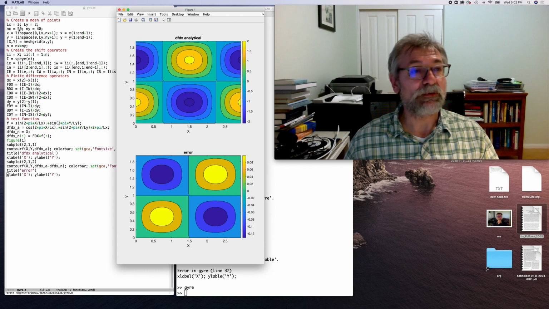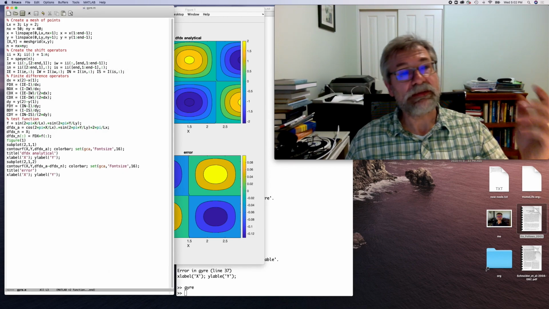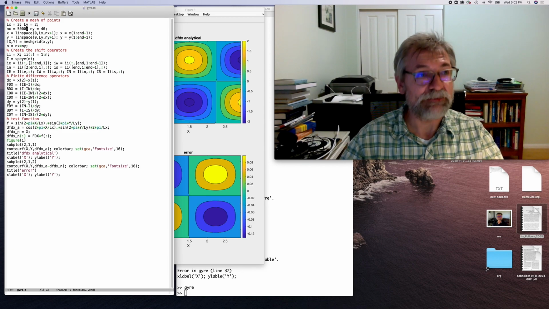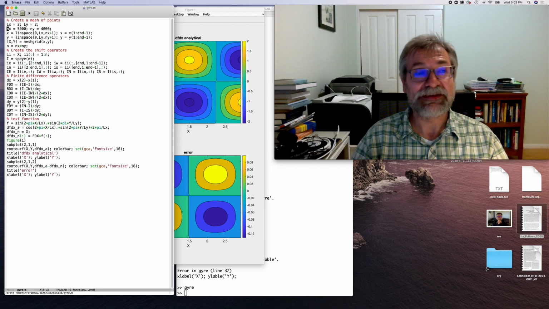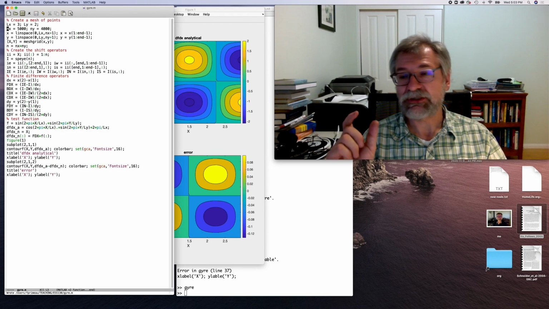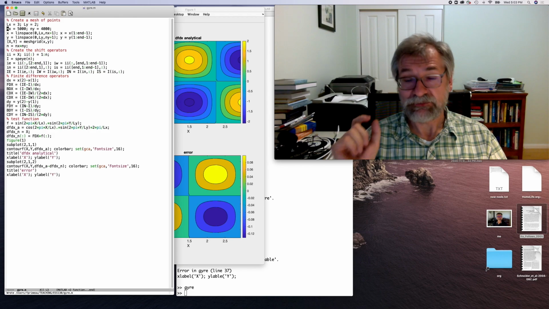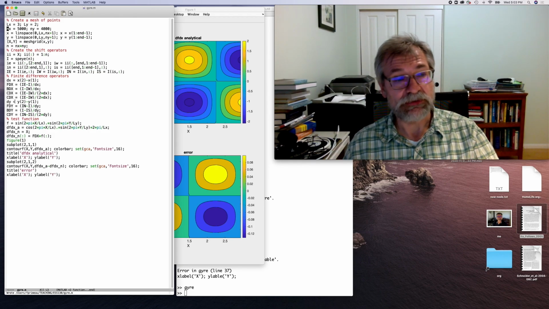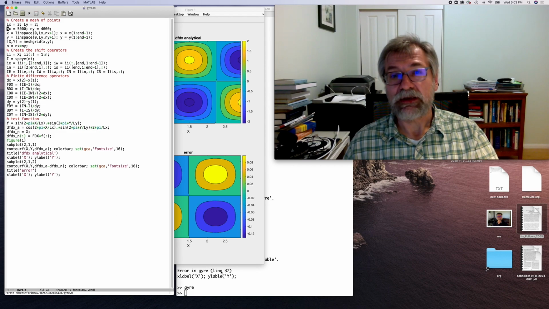We can go the other way instead. Yeah, we can go one more time. So let's pick 5,000 points and 4,000 points. When we had 500 and 400 points, the error was 0.5%. Now we have 10 times more points, so the spacing is a factor of 10 smaller. So if the error goes linearly, we would get an error that's 0.05%.